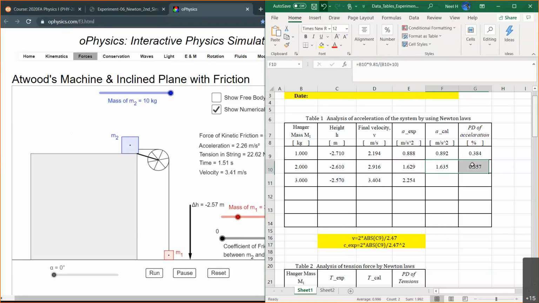These two you can click and drag from the right-hand side bottom, that solid green dot. Always check these two values, a exp and a cal. Those two should be very close to each other. If you see any discrepancy there, that means we are doing something wrong. There's no reason to have those two differ.